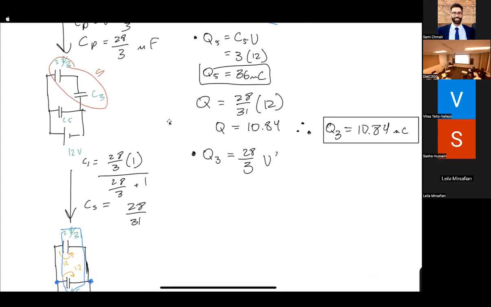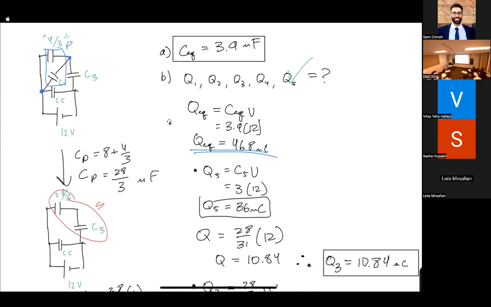But we don't know V prime. We know Q3, we already solved for Q3, but we don't know that V prime. So we have to rearrange the equation. 10.84 divided by 28 over 3 is equal to V prime. V prime is equal to 1.16 volts.